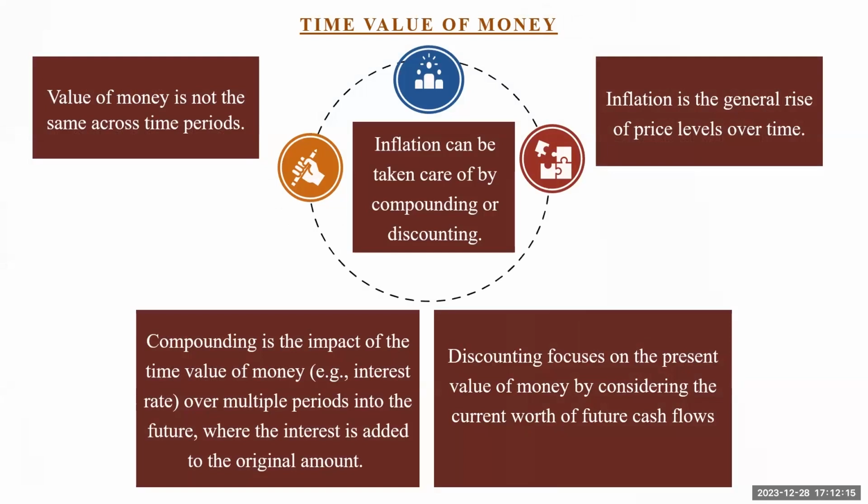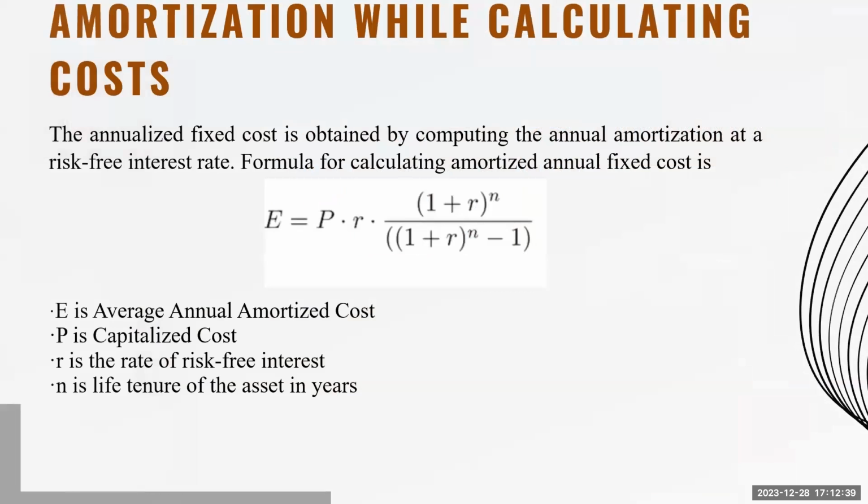If you have invested 10 lakhs, it's not going to be 10 lakhs after 25 years. It will be much more than that, because of all the inflation being added and so on. So how do we come up with that cost, and how do we allocate it for each year? This is what amortization can do.